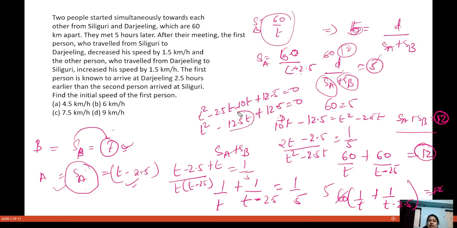Fine. Now see, here I am getting some problem in factorization because this is 12.5. Or we can do one thing: if we multiply this by 10, then this will become 10t square minus 125t plus 125.